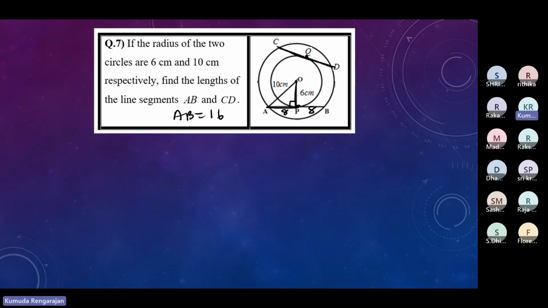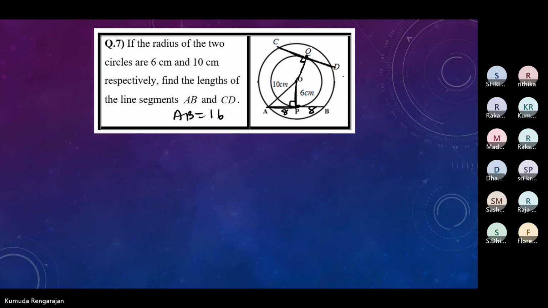Now here, the distance of the chord CD from the center is OQ. When you join OQ, this is 90. Q is the point of contact and OQ is the radius through the point of contact, so it will be 90 degrees here. So OQ is the perpendicular distance of the chord CD from the center.